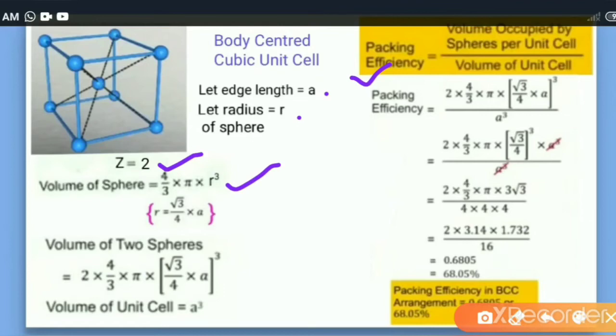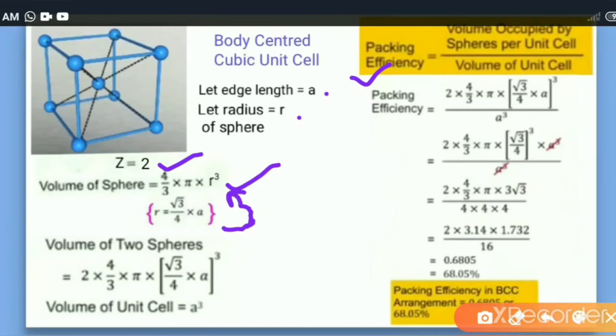But R is equal to root 3 by 4 into A. Substitute the value of R in this equation, then we'll be getting 4 by 3 pi, root 3 by 4 A, whole cube.